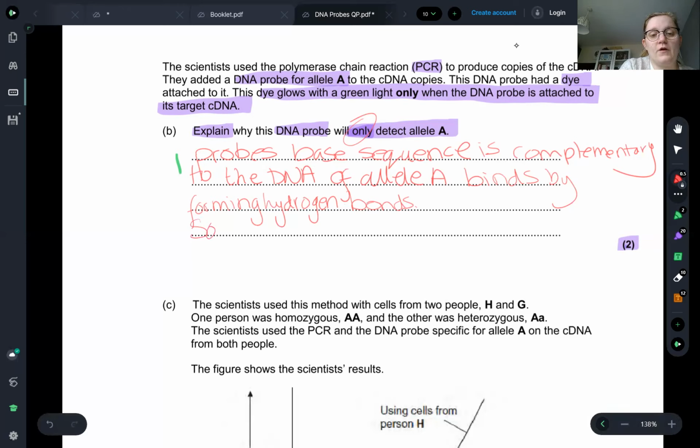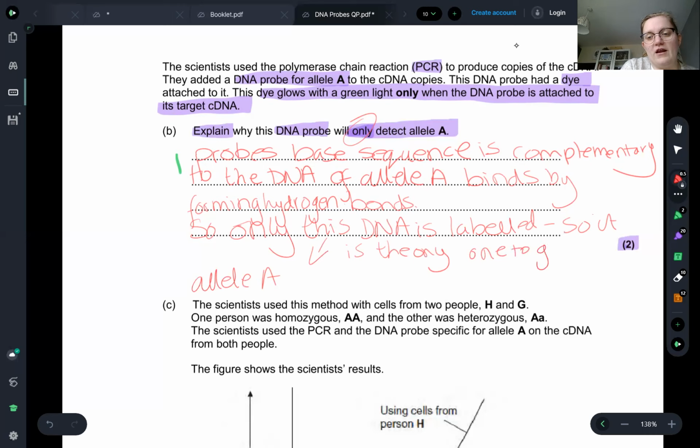So only this DNA, and by this DNA we're referring to the allele A DNA, is labeled. So it is the only one to give off the green light.